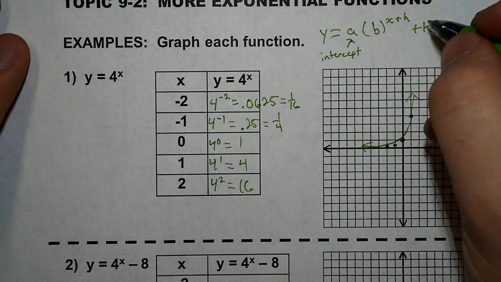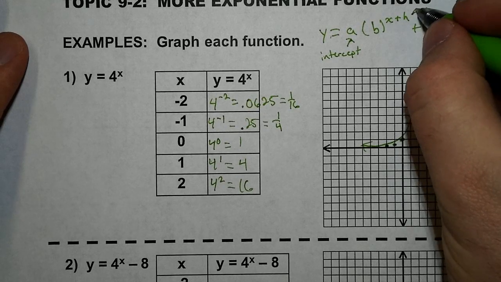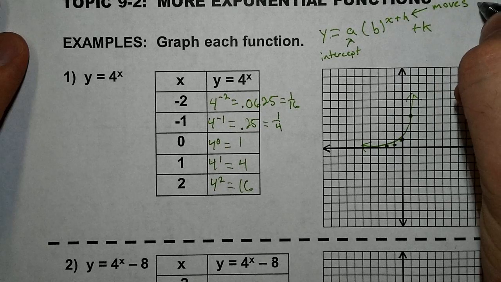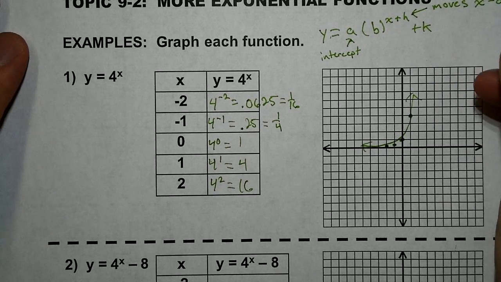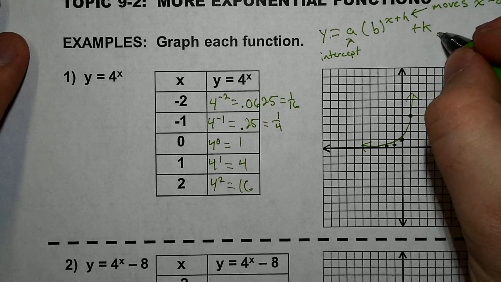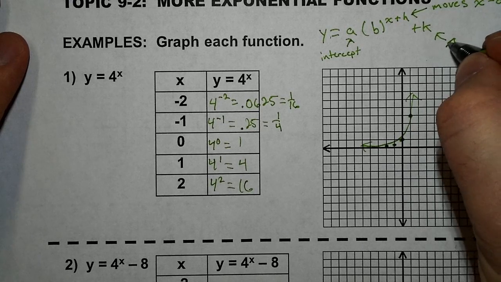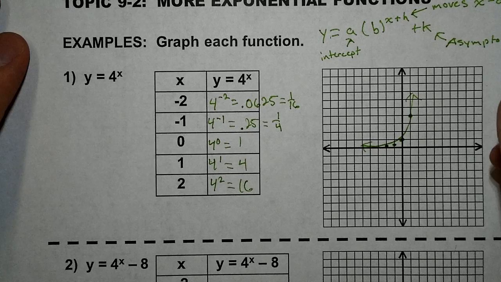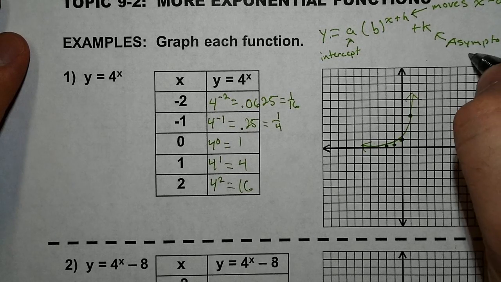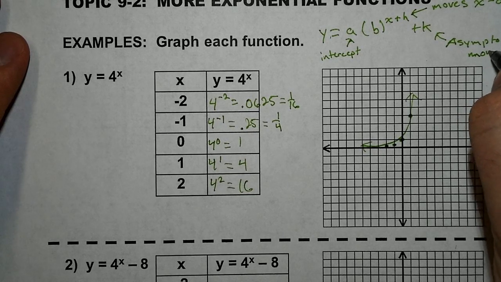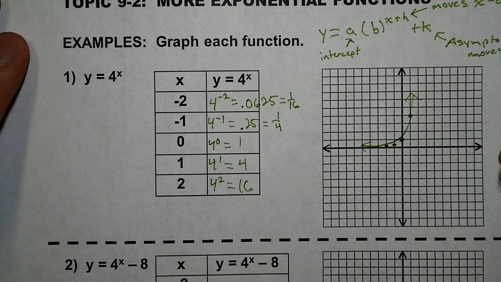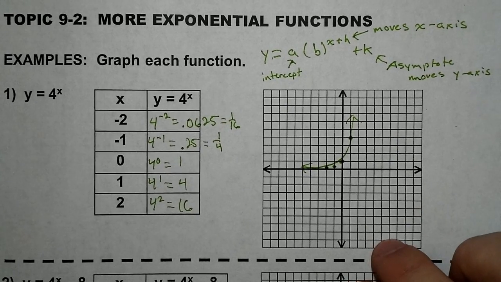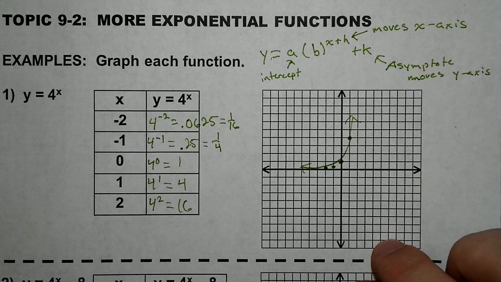B is just our base, but the h, this is what moves along the x-axis, and the k is your asymptote, and it moves along the y-axis.